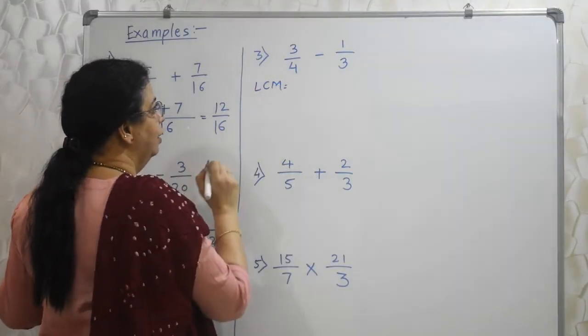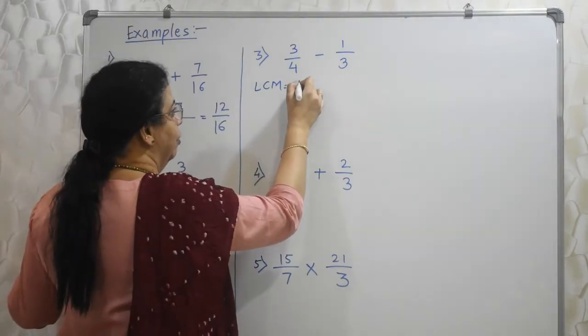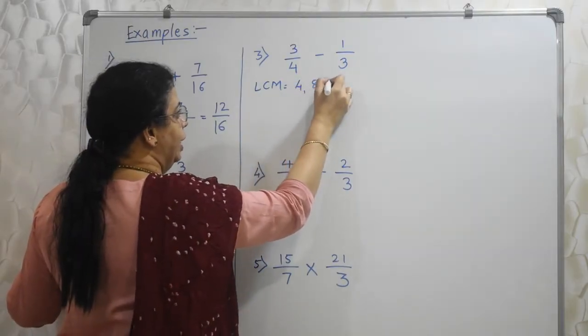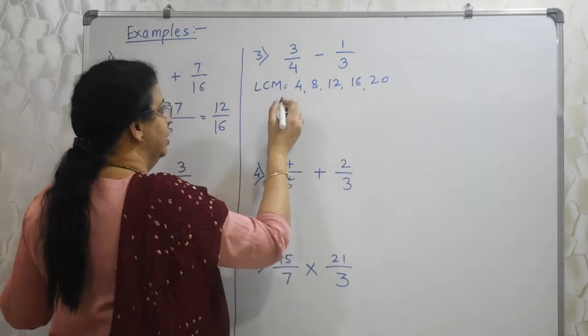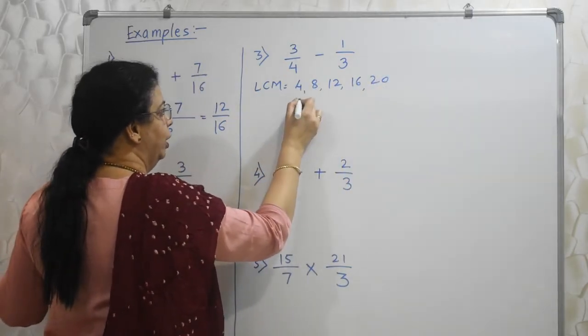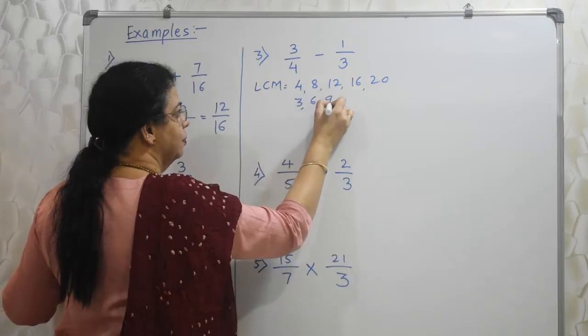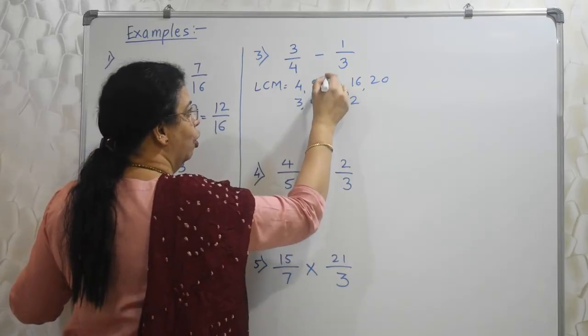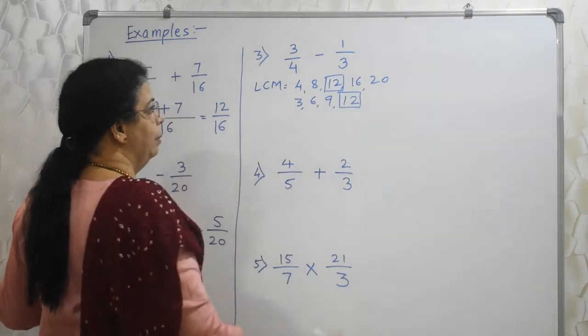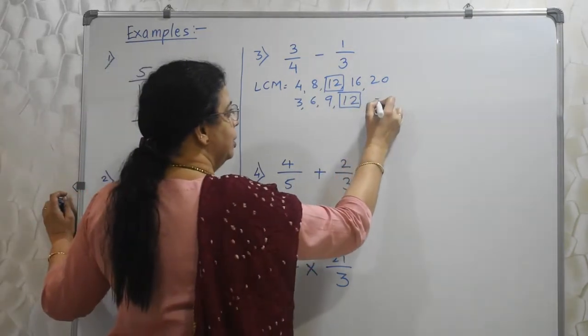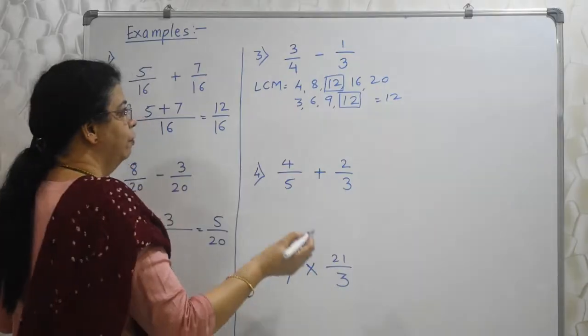How can we do that? 4 table. 4, 8, 12, 16, 20. We'll wait here. Table of 3. I got my lowest common multiple. So LCM is 12.